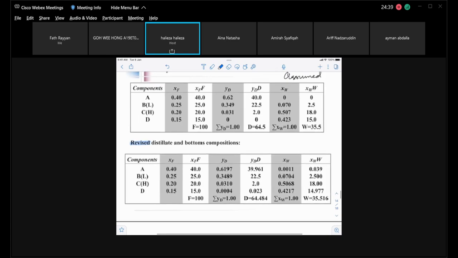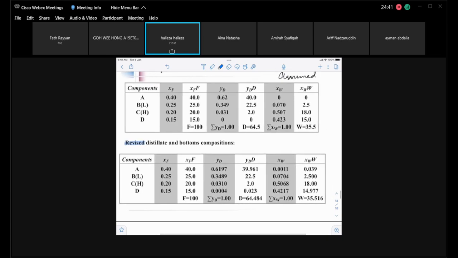So as you can see, there is a slight difference in your light key and also in your heavy key. Only a very small difference. Same for your distillate, for your light key, for your heavy key.